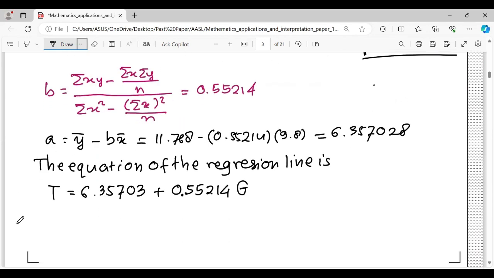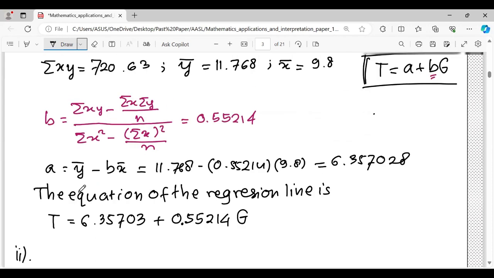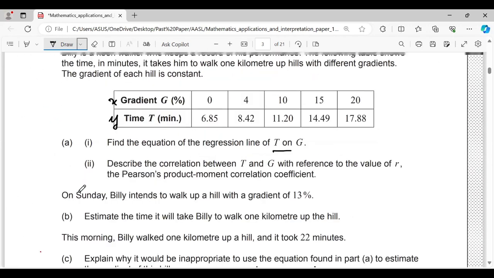Next, part 2. We're going to find the correlation coefficient.